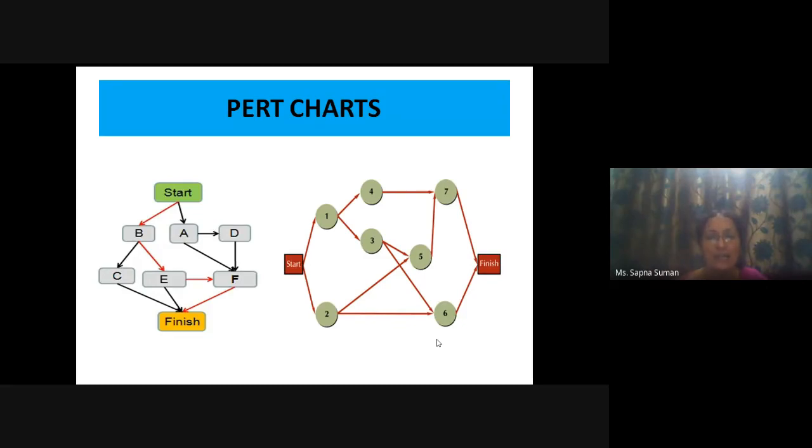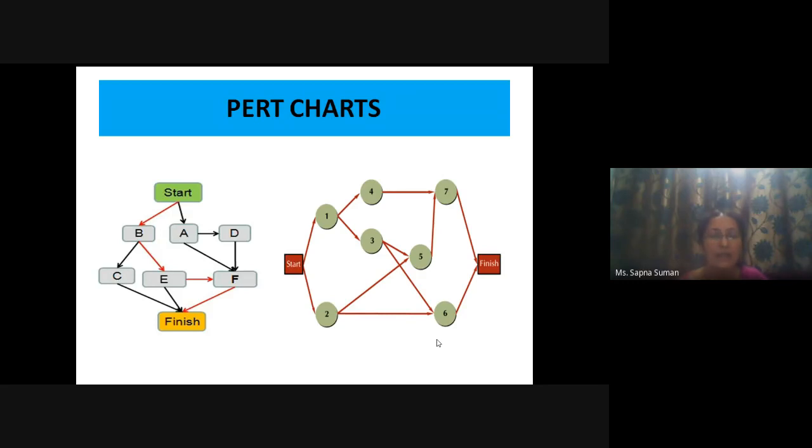But in the first figure two different color lines are used, black and red. Here the black lines are representing the normal path, and the red lines are representing the critical path.